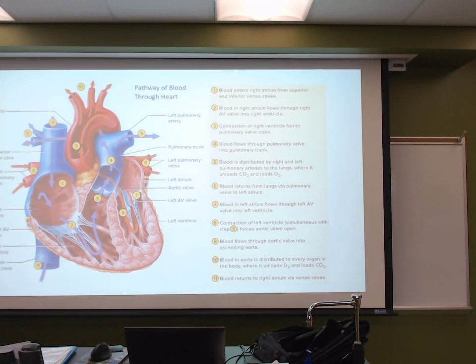This is the pathway of the blood through the heart, showing it in relationship to a cardiac cycle. And once again, a cardiac cycle is going to be one contraction, one relaxation.